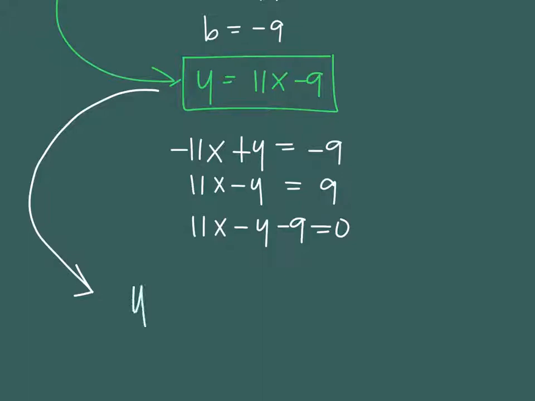So first, for the normal line, the slope is m equal to negative 1 over 11. I hope that is clear, because the slope of the tangent line is 11.